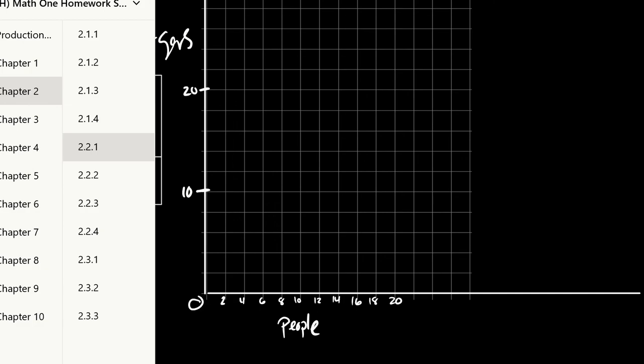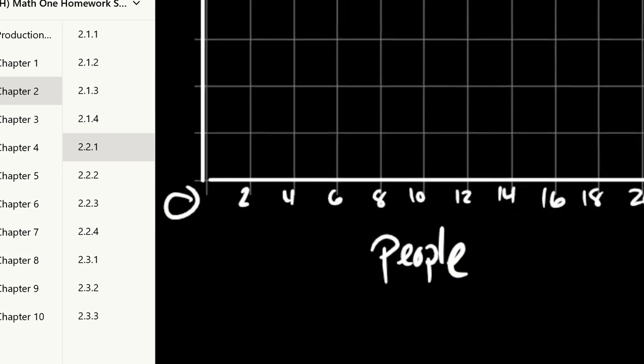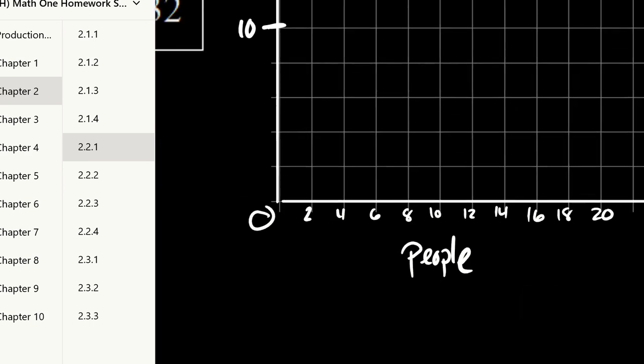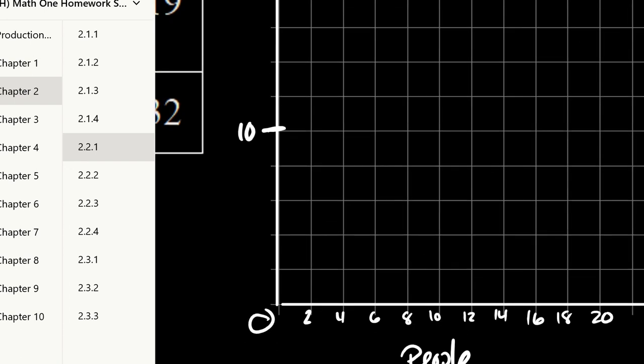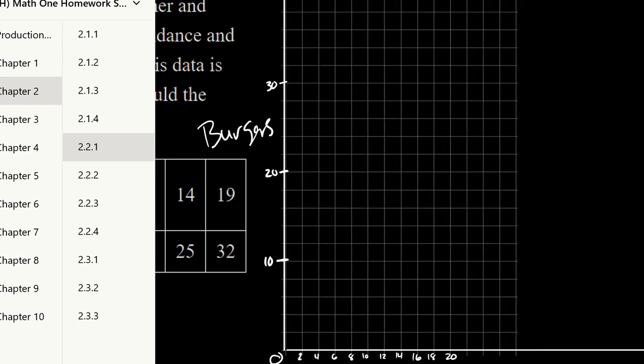So I have set up my x-axis to accommodate people, and I needed to get up to 19 people, and you can see I'm counting by 2. So each one of these changes in x represents 2 additional people, and I ended up at 20 people there. And then for my y-axis, each one of these was 2 burgers. So that's 1, 2, 3, 4, 5, 6, 7, 8, 9, 10 burgers, and I made it all the way up to 30 burgers.